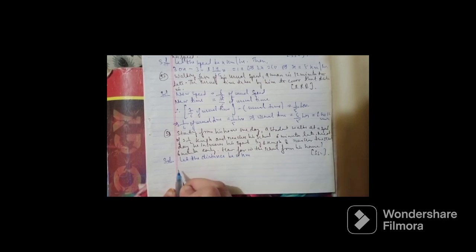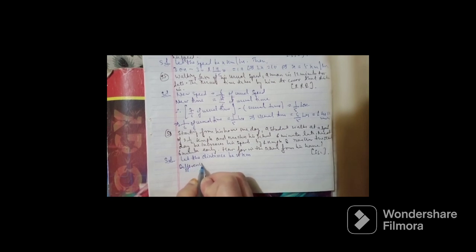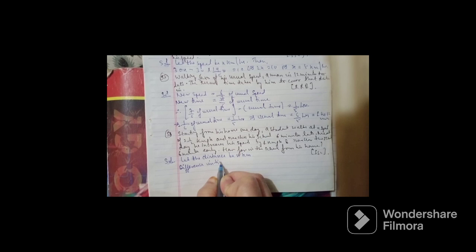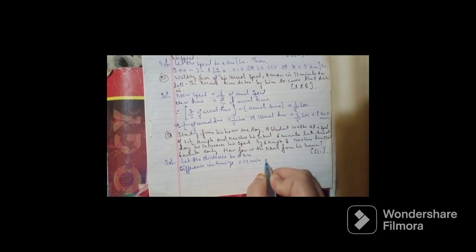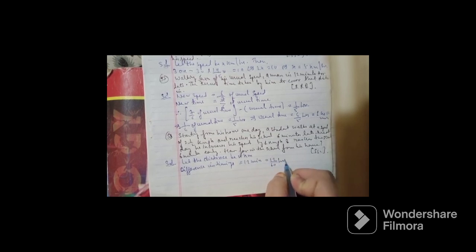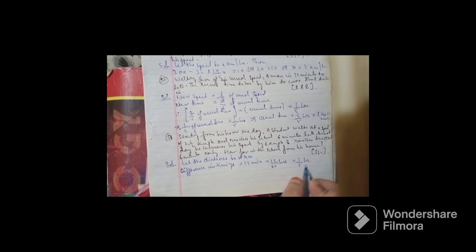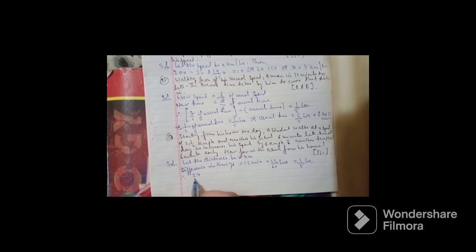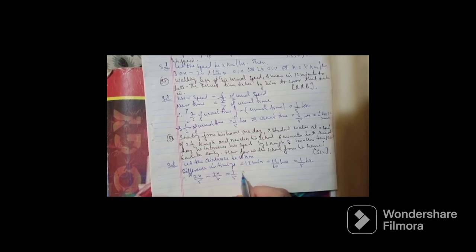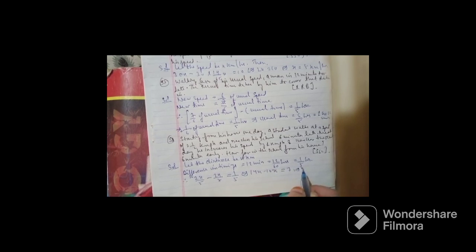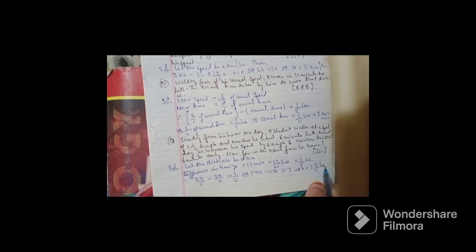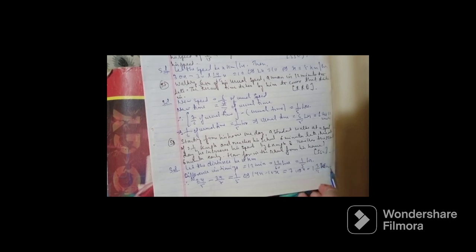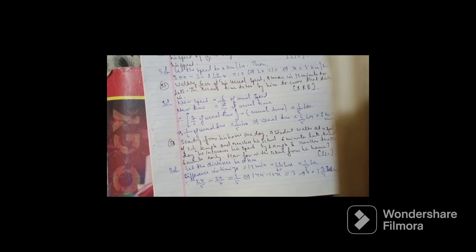Difference in timings equals 12 minutes. 12 by 60 hours equals 1 by 5 hours. 2x by 5 minus 2x by 7 equals 1 by 5. 14x minus 10x equals 7, and x equals 1 3/4 kilometer. That is what we have as an answer here.